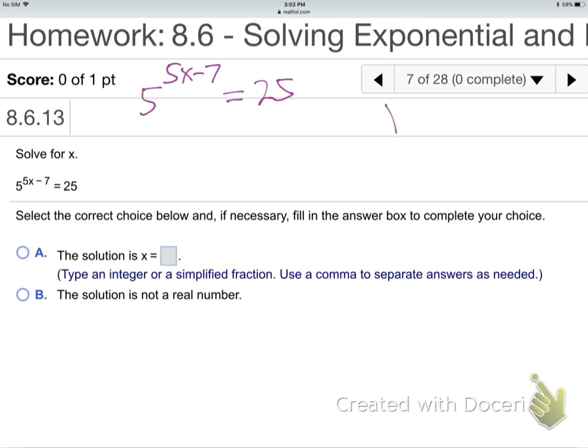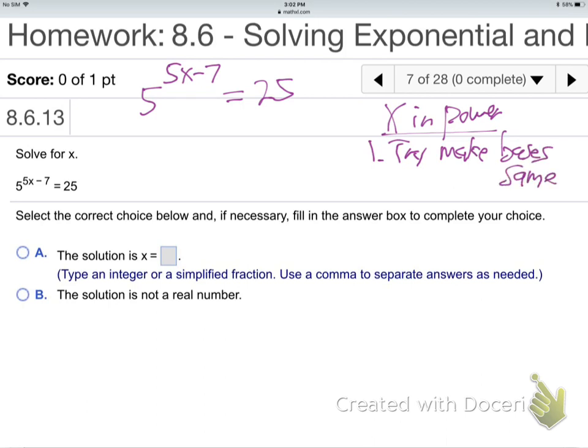So remember, when x is in power, step 1, try to make the bases the same. So both sides, good.